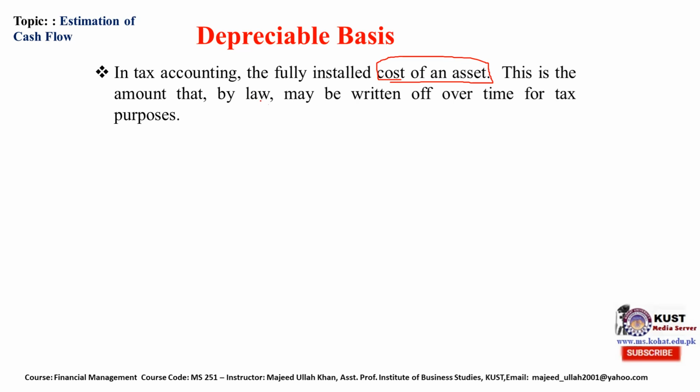This is the amount that by law may be written off over time for tax purposes. By law means the Income Tax Ordinance in Pakistan. If the Income Tax Ordinance allows that on any specific asset that much amount can be accepted as depreciable, it will be called the depreciable basis.